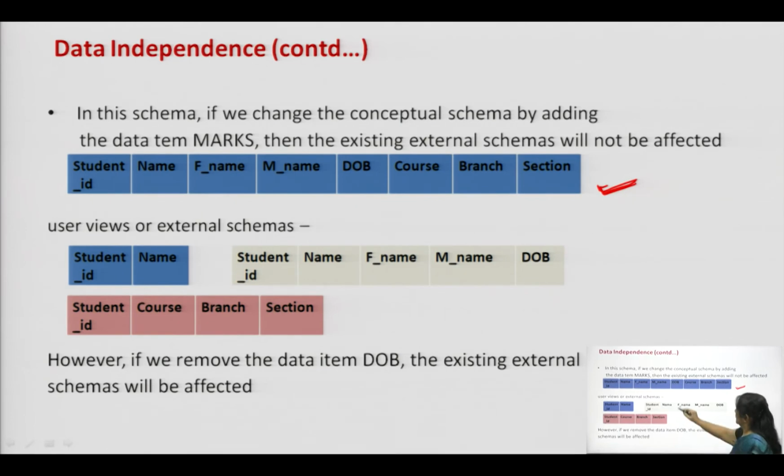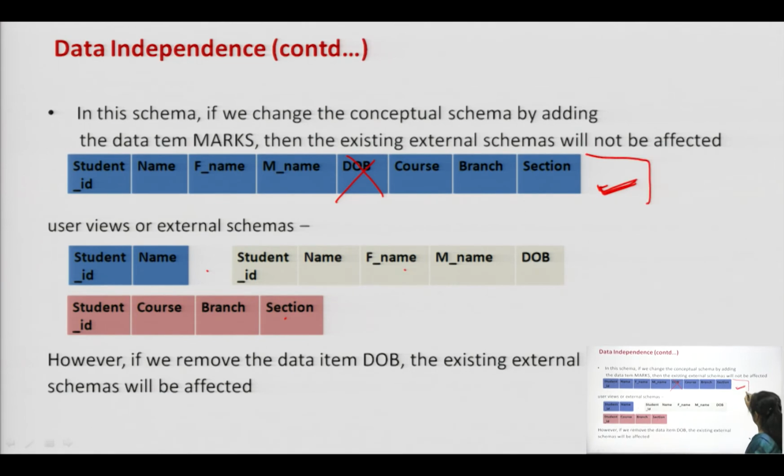Now, let us say I remove this date of birth from the conceptual schema, then none of the schemas over here are affected. There are 3 external schemas and none of them are affected. So, we have been able to make a change to the conceptual schema without making any change to the existing external schemas.